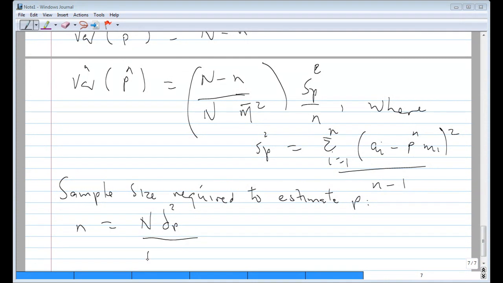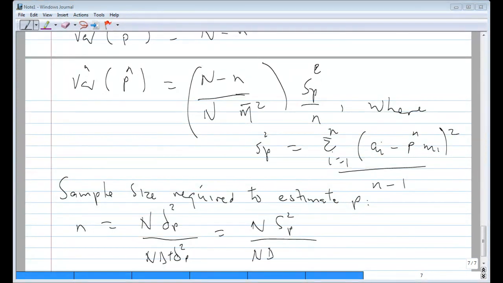n equal to N sigma squared p over, actually it's the same thing as, N times D plus sigma squared p, which is the same as N times D plus s_p squared, isn't it?